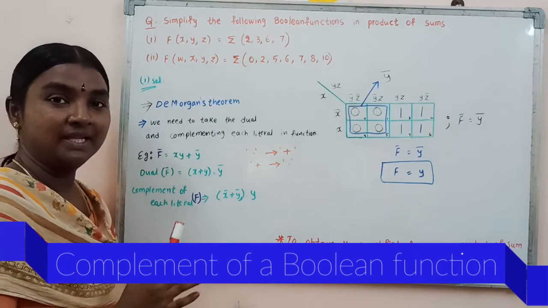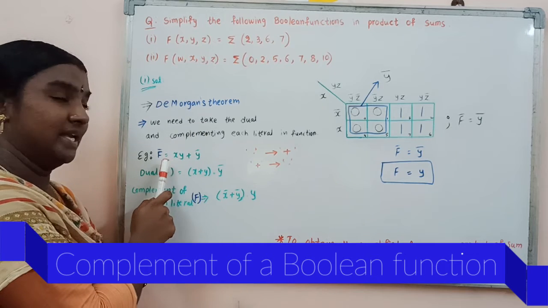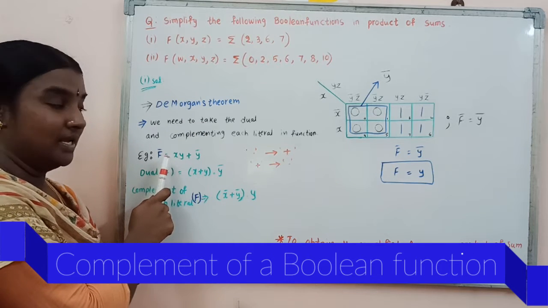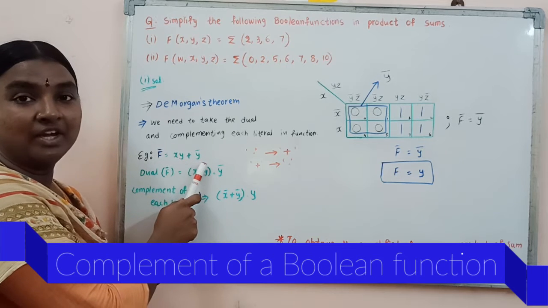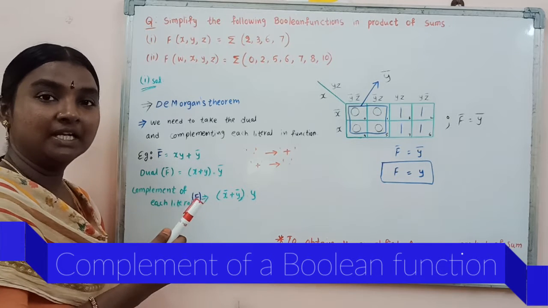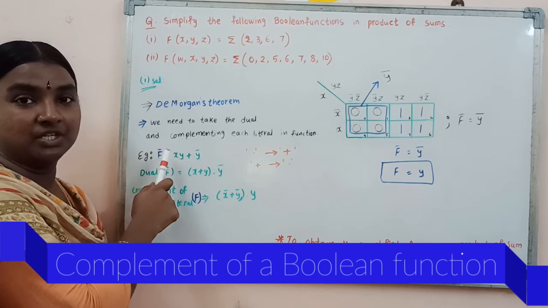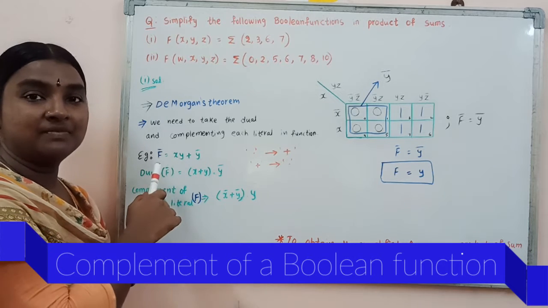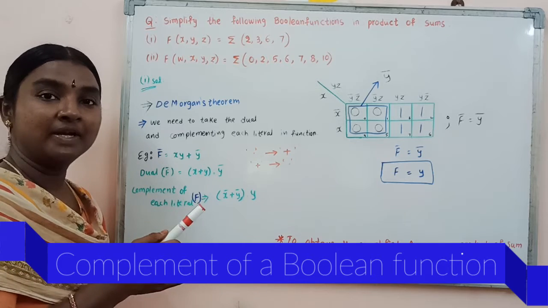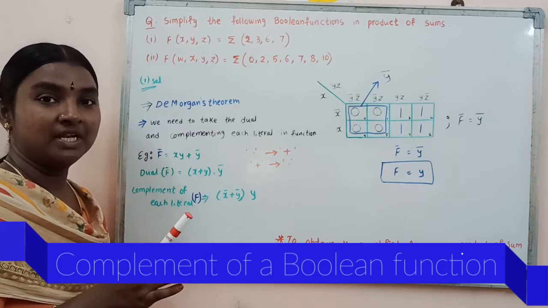I will explain this by considering one example, a function F complement which is equal to x y plus y complement. Now we will apply De Morgan's theorem to this function. Firstly we consider the dual of this function, and after that we find the complement of each literal.